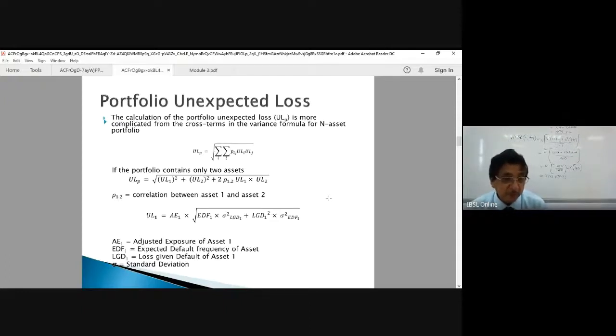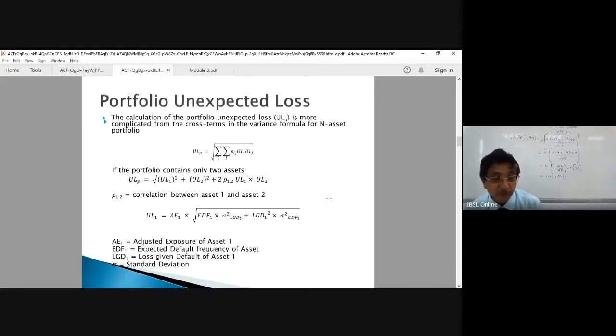equation. UL1 is equal to AE1, that is the average exposure, times the square root of EDF, that is the average expected default frequency, times the volatility of LGD, or the standard deviation of LGD, squared, plus LGD again squared, it is not the standard deviation, it is LGD squared, times the square of the standard deviation of EDF.